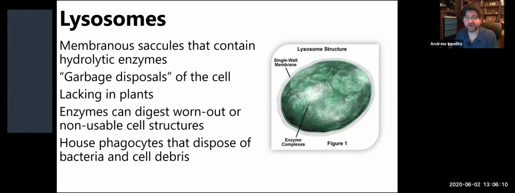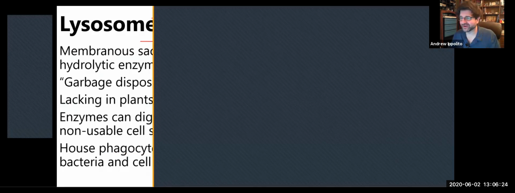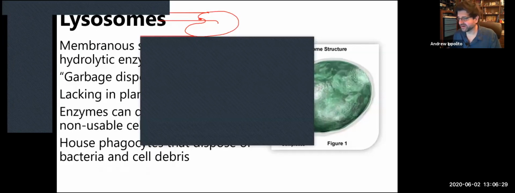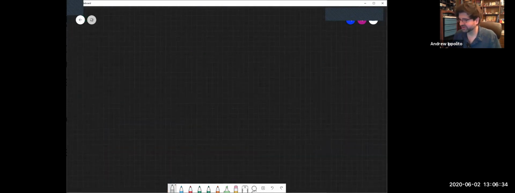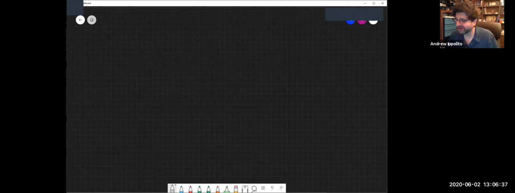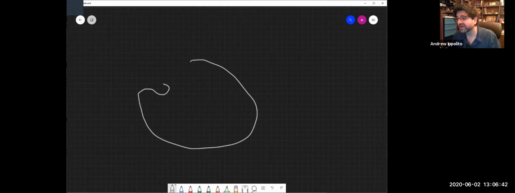Now, when a phagocyte eats a bacterium, right? So if this is a eukaryotic cell, and here it is eating a little bacterial cell. I'm just going to go back. I've gotten pretty good at swapping back and forth here. When we have a cell, here's a big cell that endocytoses a bacterium.